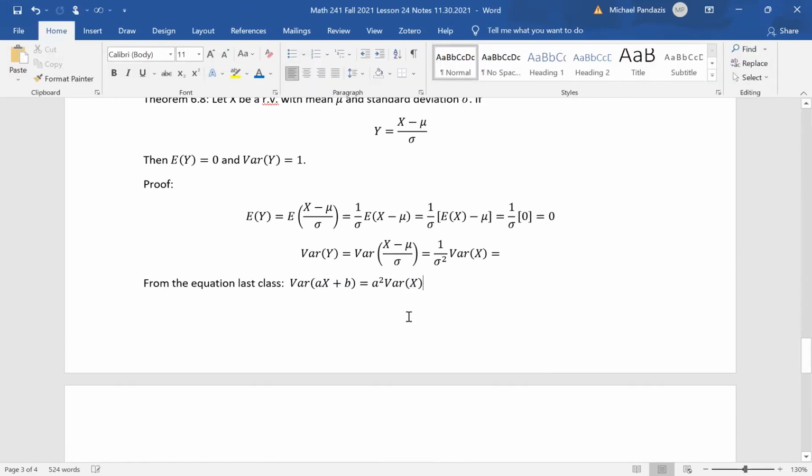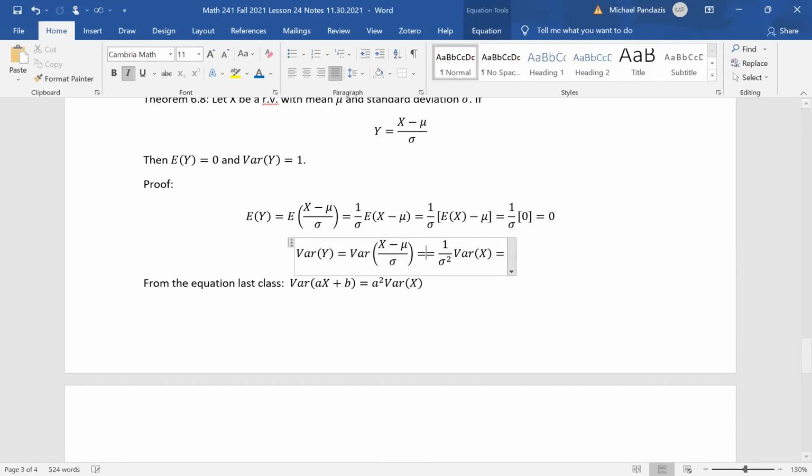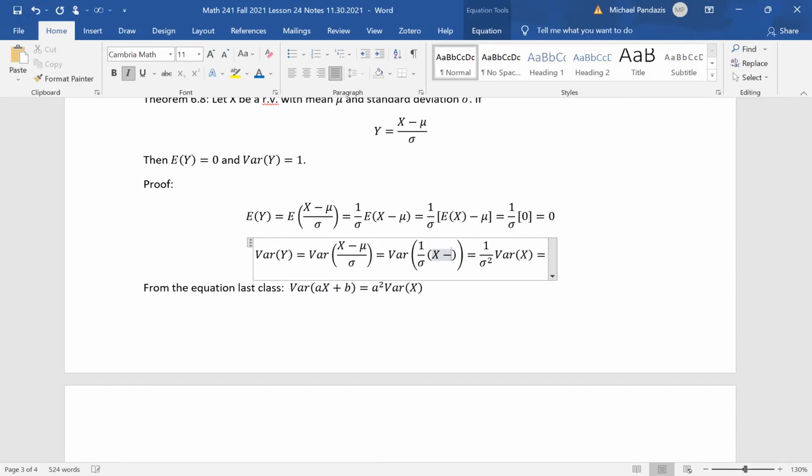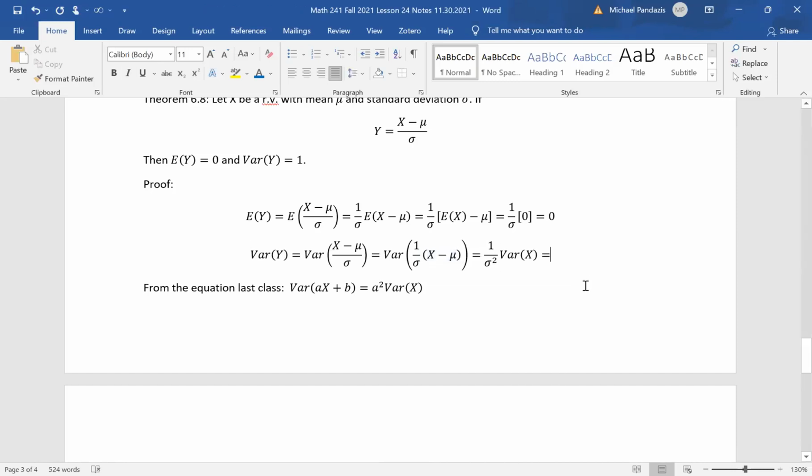Okay, so here the variance of x minus mu over sigma is the variance of 1 over sigma times x minus mu. So the constant in front is 1 over sigma. When you square this constant, you get 1 over sigma squared. And then instead of this extra plus b here, it's just x.